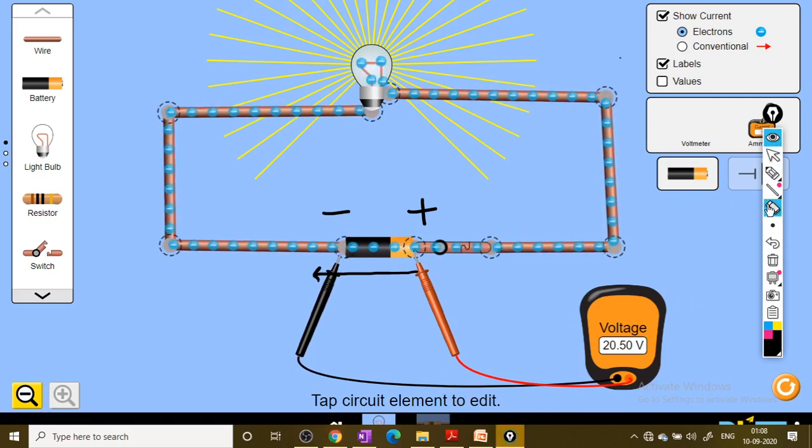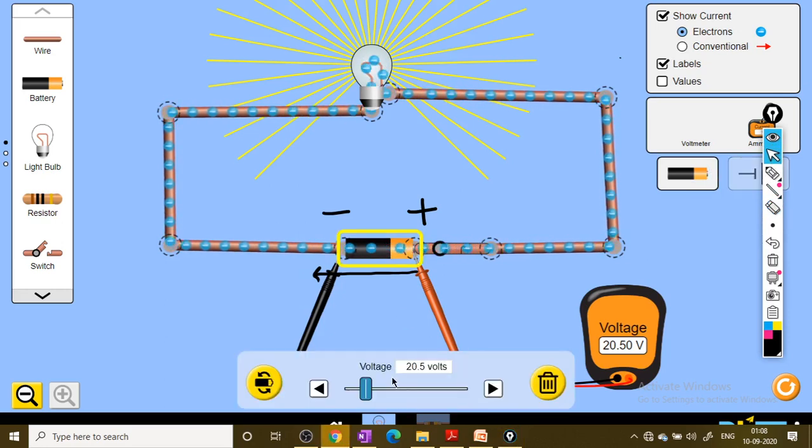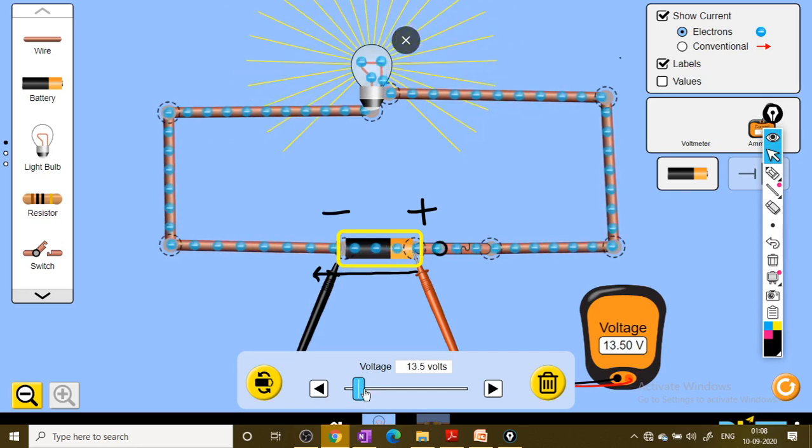This voltmeter tells how much potential difference exists across the battery. Now if I decrease the potential difference, I am decreasing it, taking it all the way to 0. Zero potential difference means there is no potential difference between the positive and negative. Here it is showing 0.